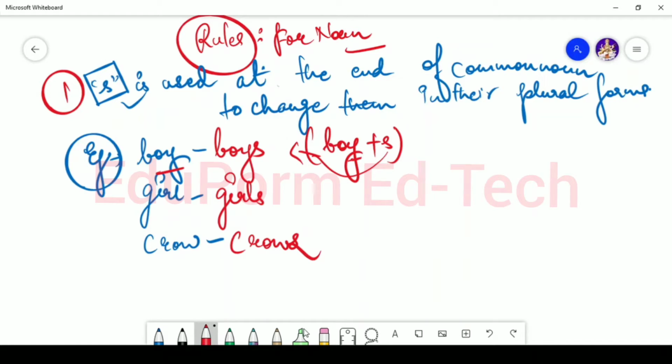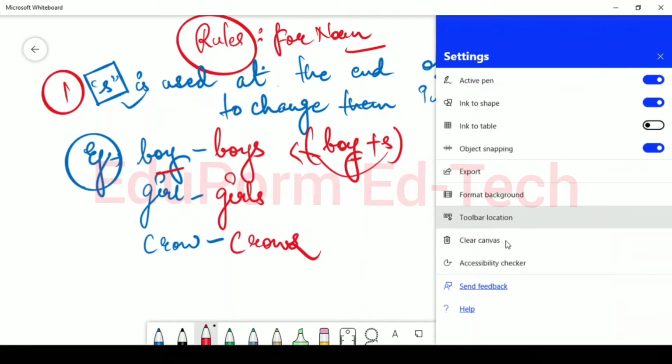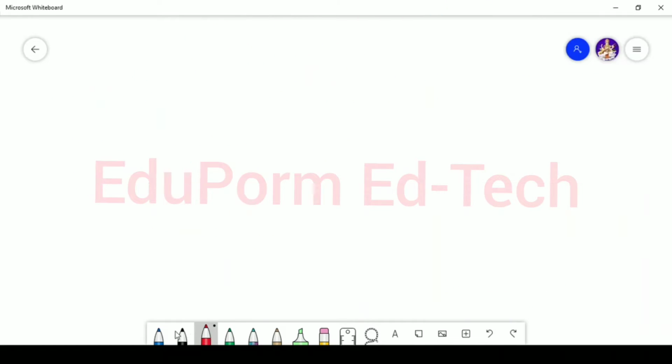Now let's talk about the second rule. Now what is the second rule?